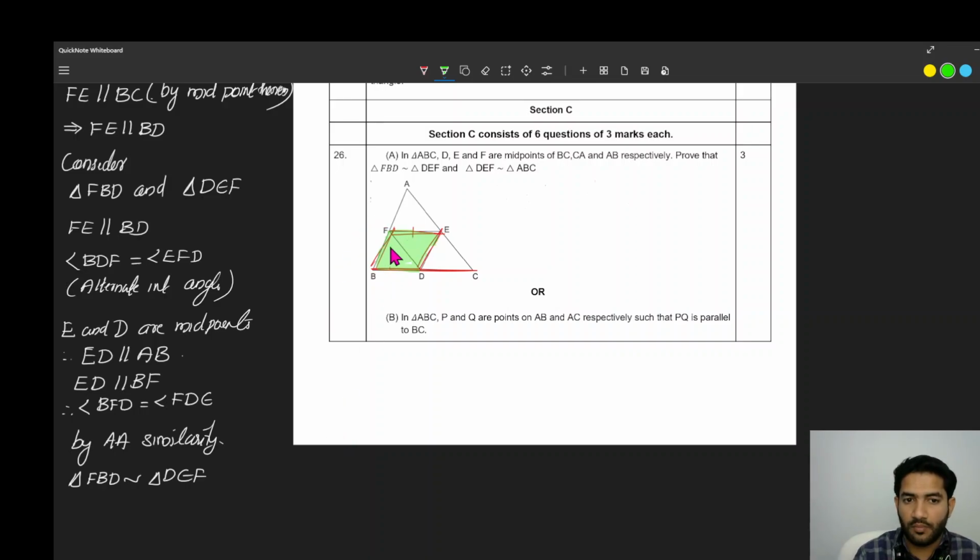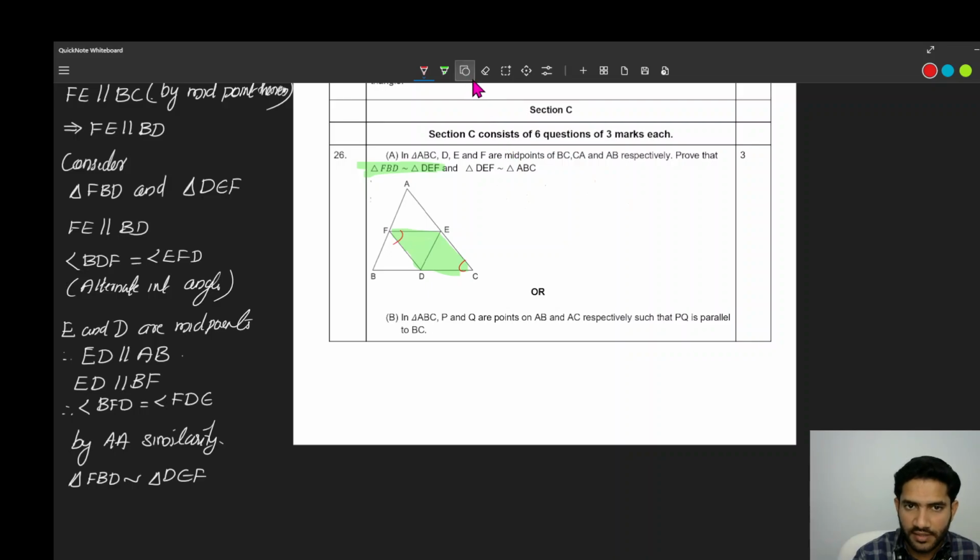For a parallelogram, opposite angles are equal. In the same way we can show that this is also a parallelogram, so opposite angles are equal.